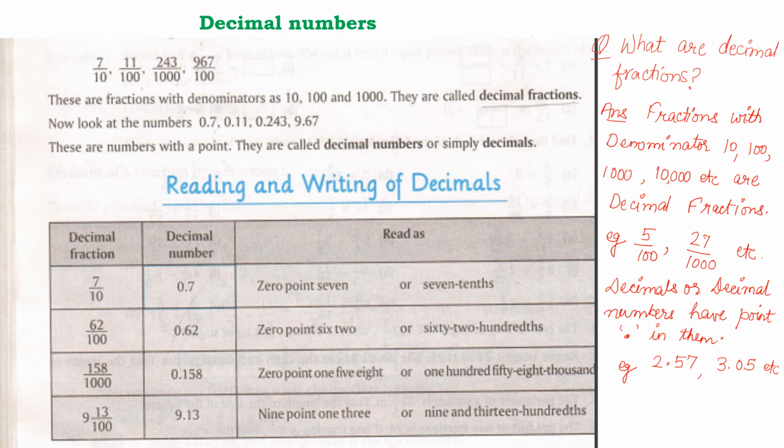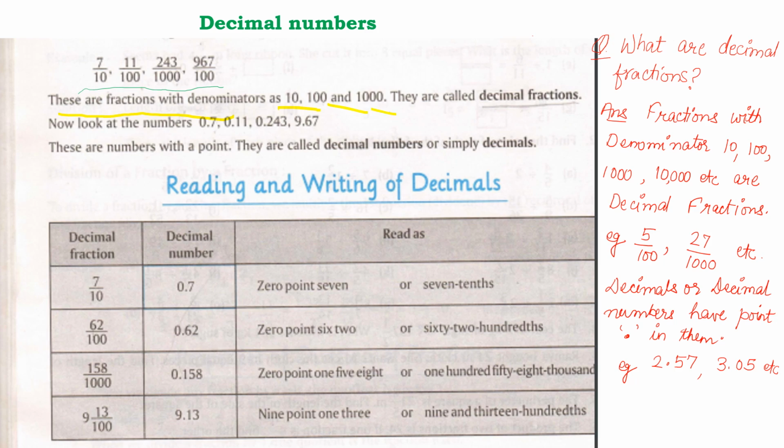Some numbers are written here as 7 by 10, 11 by 100, 243 by 1000, 967 by 100, etc. Can you see something common there? Yes, you are right. They are fractions, but their denominators are 10, 100, 1000, etc.